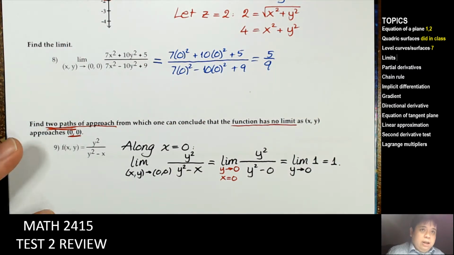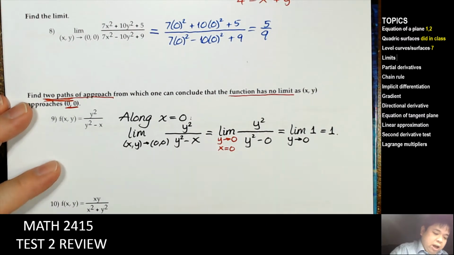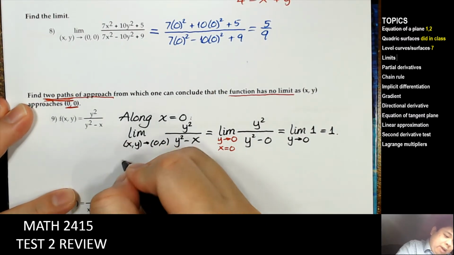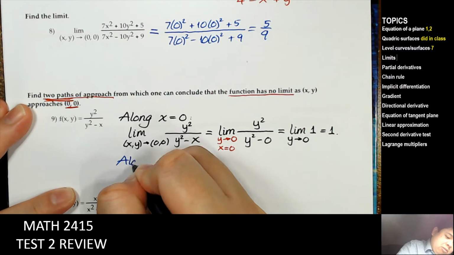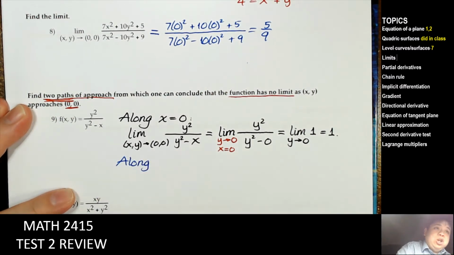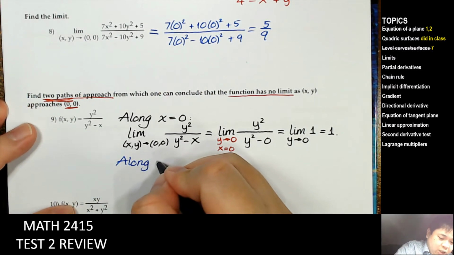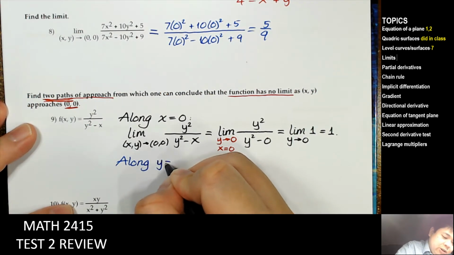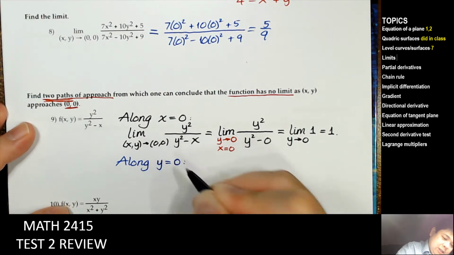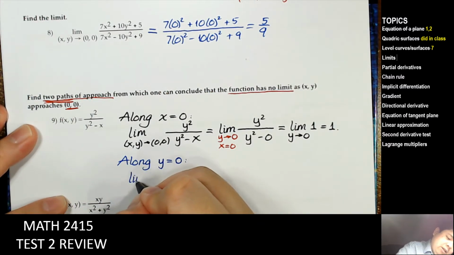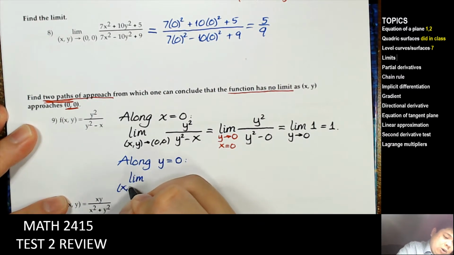Alright, so that is one path, along x equal to 0. Now we do another path. The answer may not be unique. You can just choose any two paths that have different limits. Now choose y equal to 0. Take the limit where x, y goes to 0, 0.